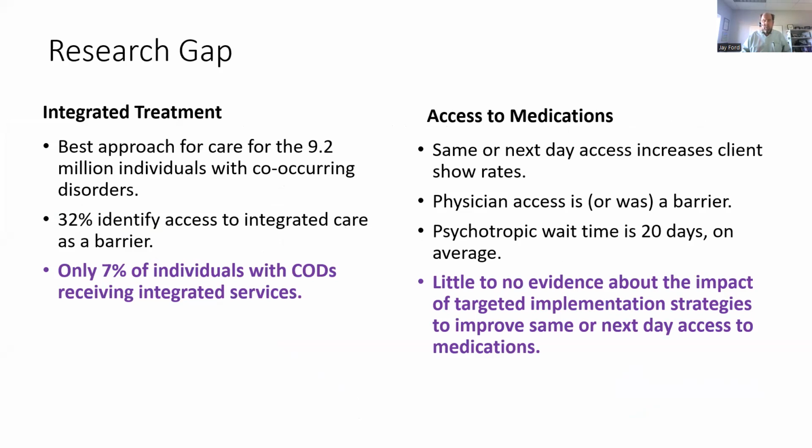And they were faced not only with same day access, but they were faced with issues if they needed medication, that there was not a lot of evidence that they could get their medications in a timely manner.